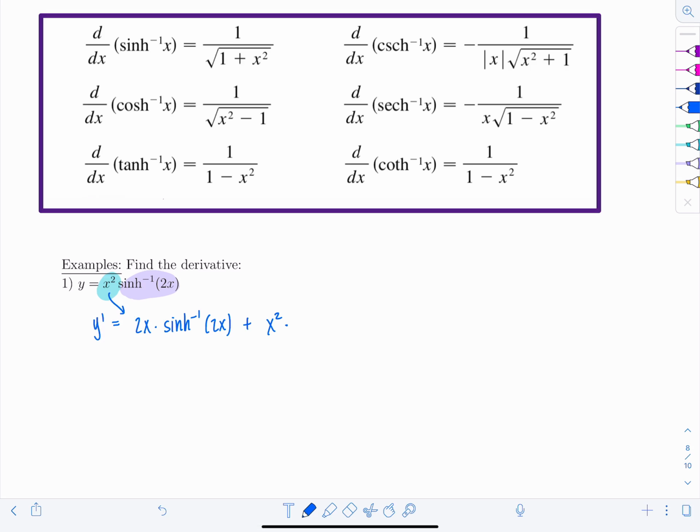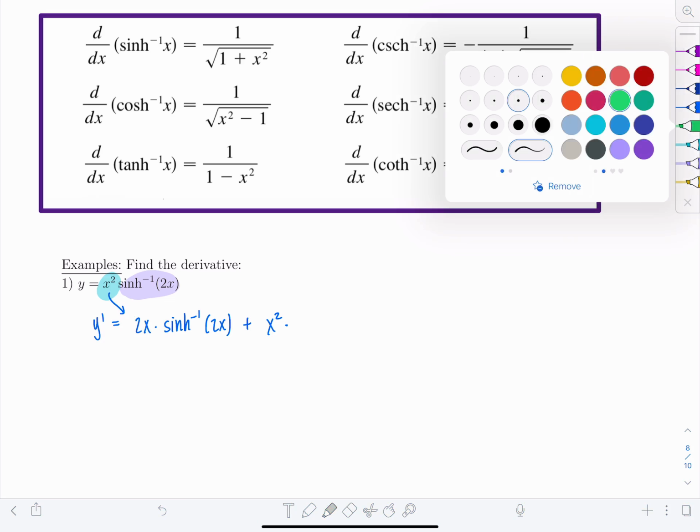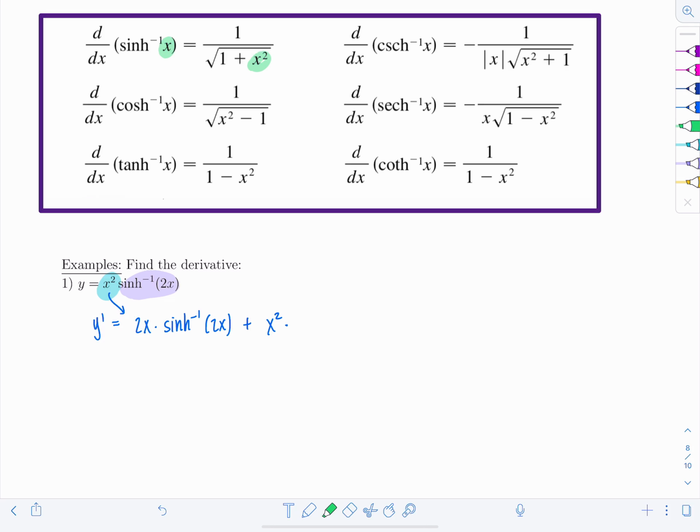Let's look at the derivative of sinh inverse. So you take the argument, you square it, add 1, put a square root in the denominator. Okay, here we go. So I got 1 over, in this case, radical 1 plus 2x squared.